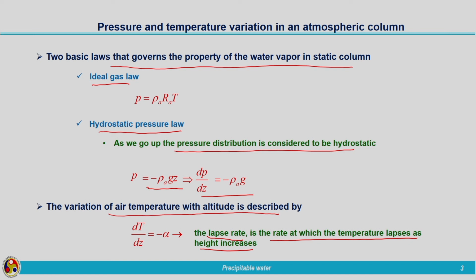The negative sign is there because as the altitude increases, the temperature decreases.